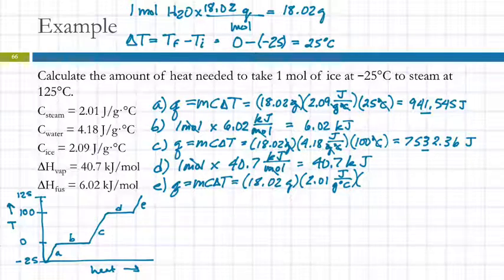And what's the temperature change for this one? 25, because the final is 125, we were starting at 100. 125 minus 100 is 25. Degrees cancel, grams cancel. 18.02 times 2.01 times 25. 905.505 joules, 3 sig figs.